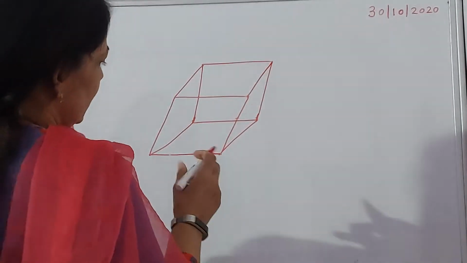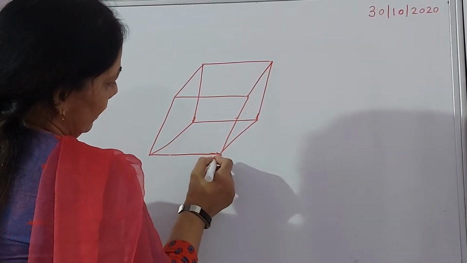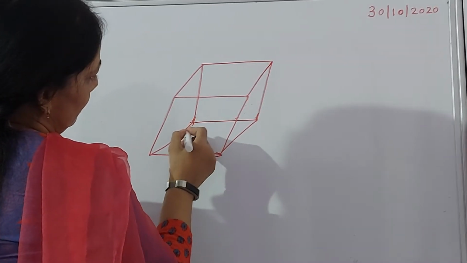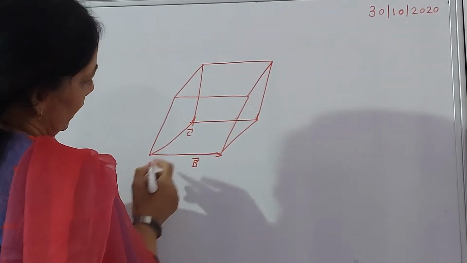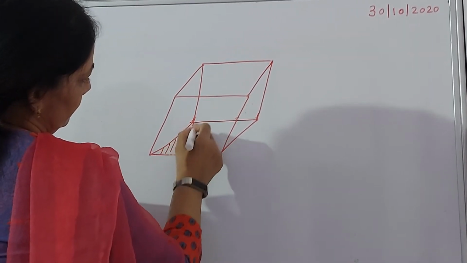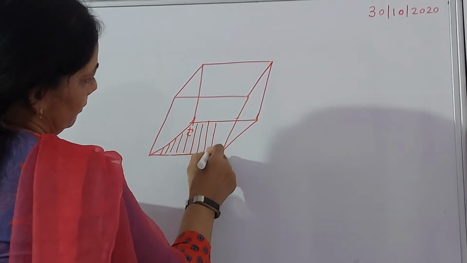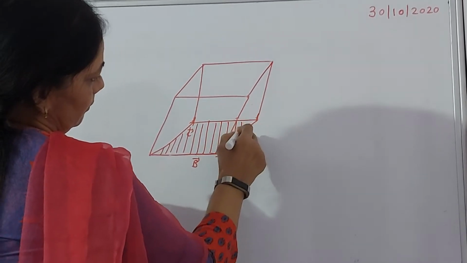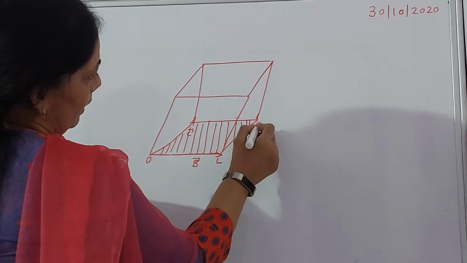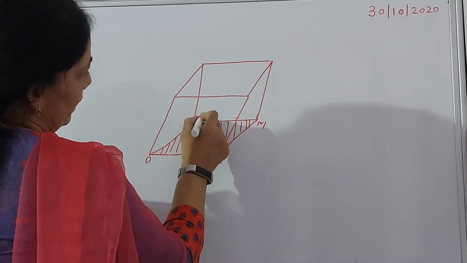Correct? So this part is my vector B. This is vector C. Right? So this part becomes what? Correct? I'll name it OLMN.